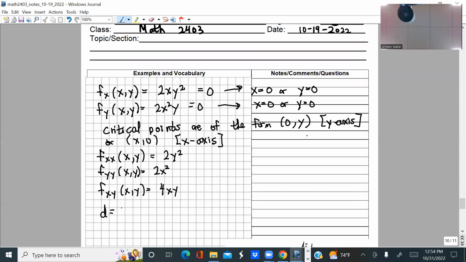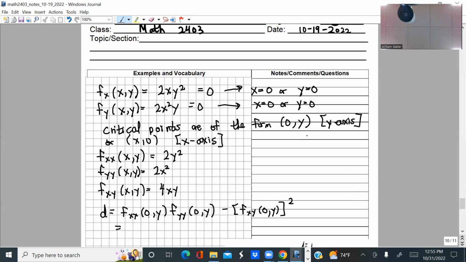So we get f_xx at (0, y), where the y can be anything, times f_yy at (0, y), and then minus f_xy at (0, y) squared.